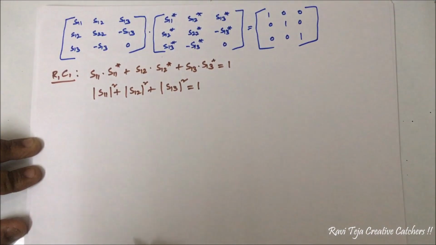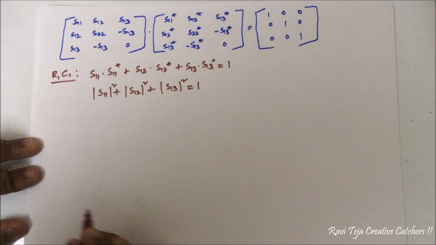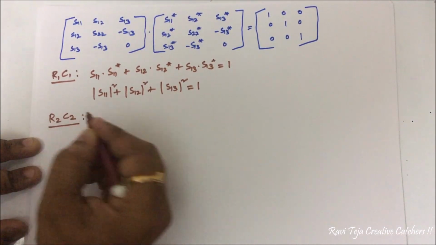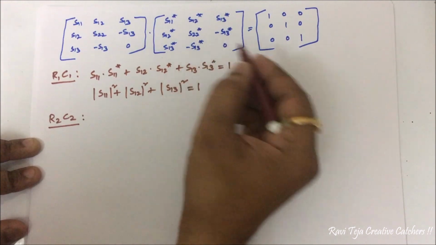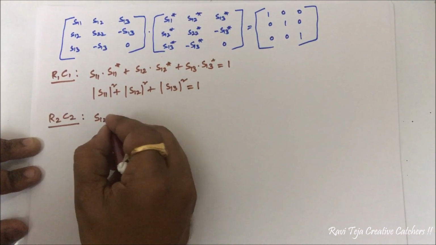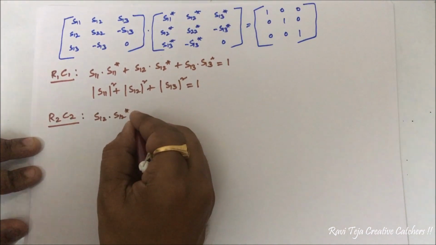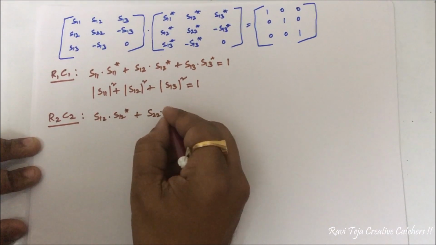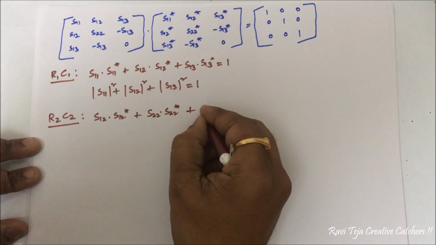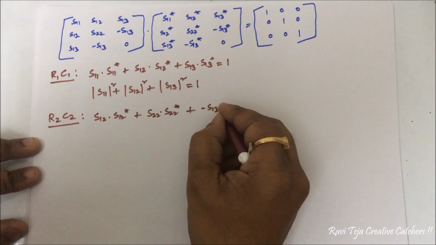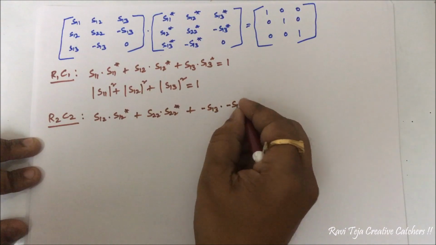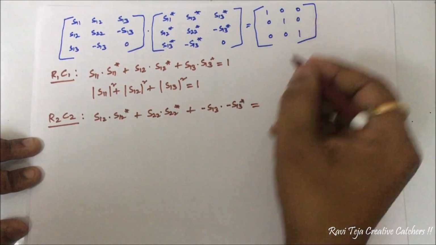Now let's consider row 2 and column 2. So S12 into S12 star plus S22 into S22 star plus minus S13 into minus S13 star, which is again equal to 1.